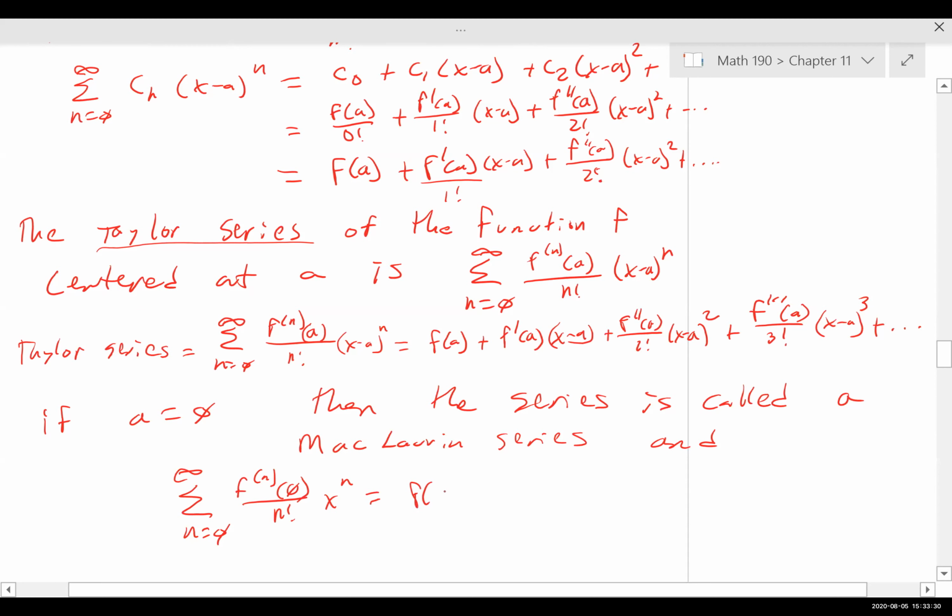This becomes f of 0 plus f prime of 0 times x plus f double prime of 0 over 2 factorial times x squared plus f triple prime of 0 over 3 factorial times x cubed plus... You get the idea, right?